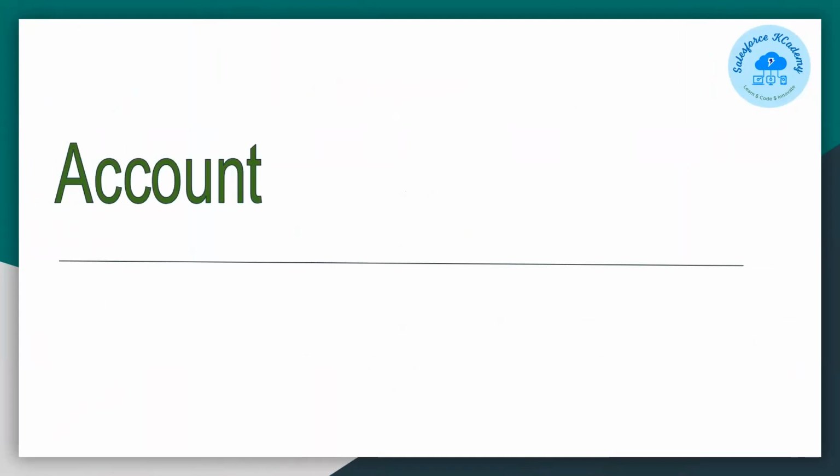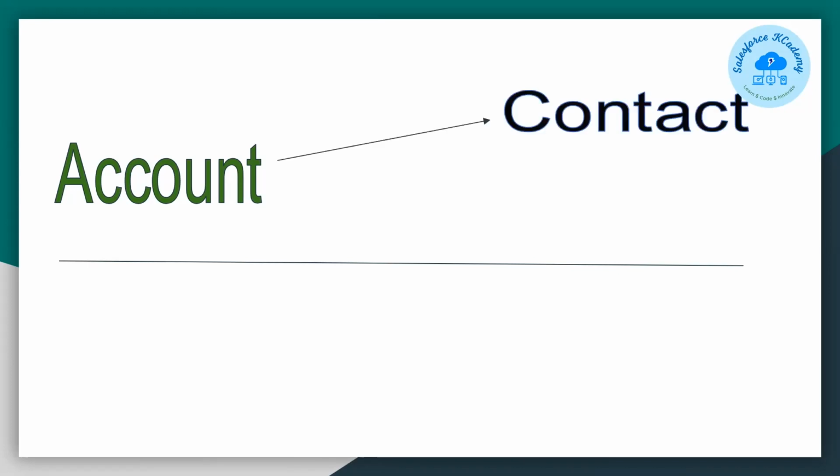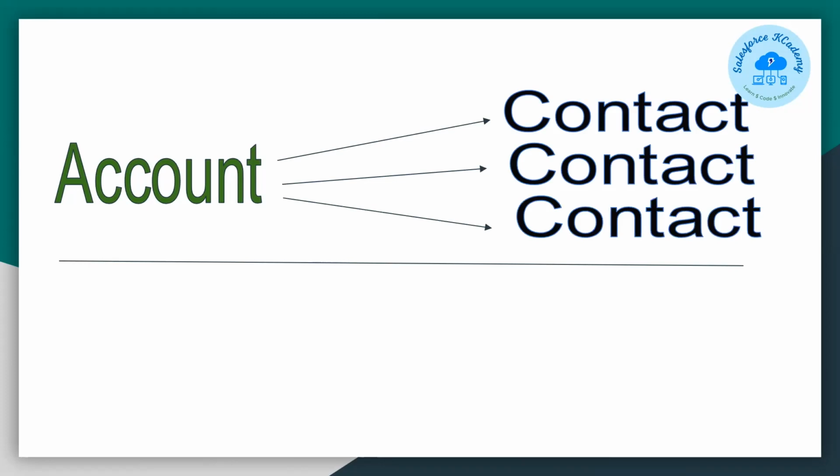Now, if you see it in the picture, will every account, every company have only one contact? No, right? There will be different contacts. Means multiple contacts are possible for each account. Each account, I can say, is linked with multiple contacts, right?